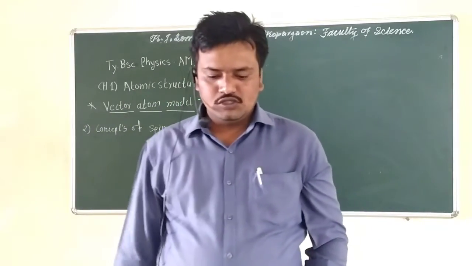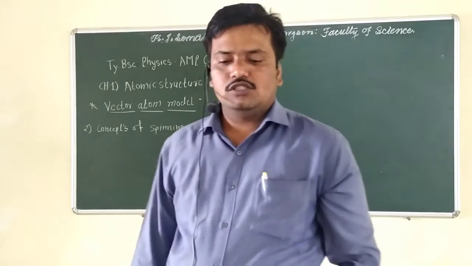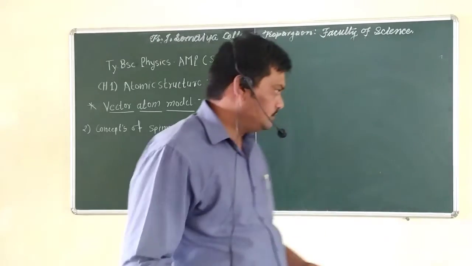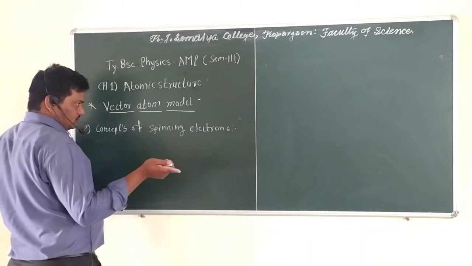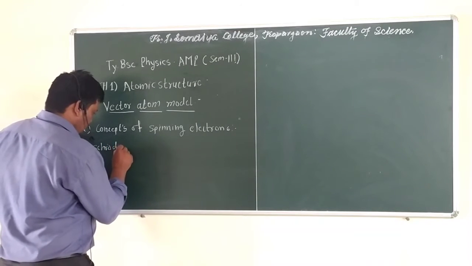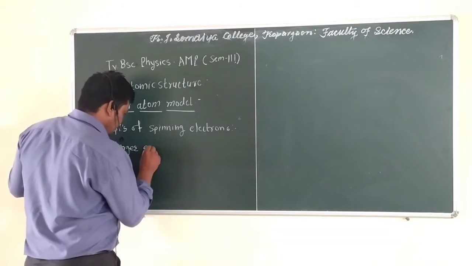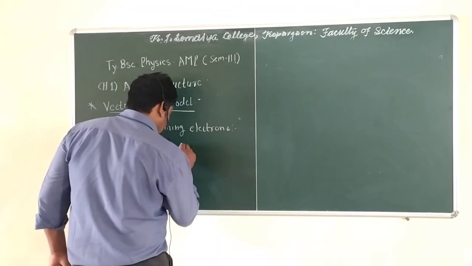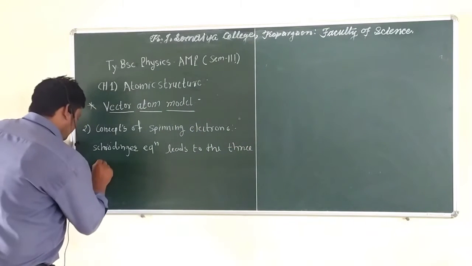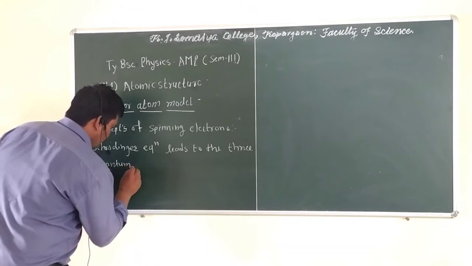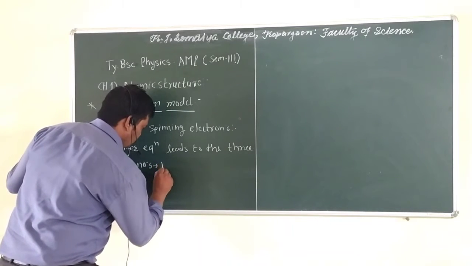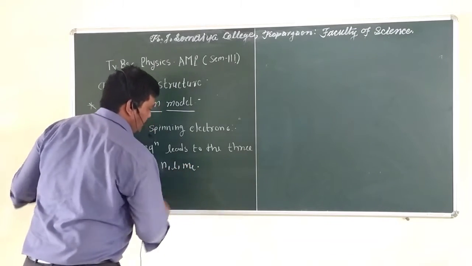According to the quantum theory, the Schrodinger equation applied to the hydrogen atom leads to three quantum numbers: N, L, and ML.